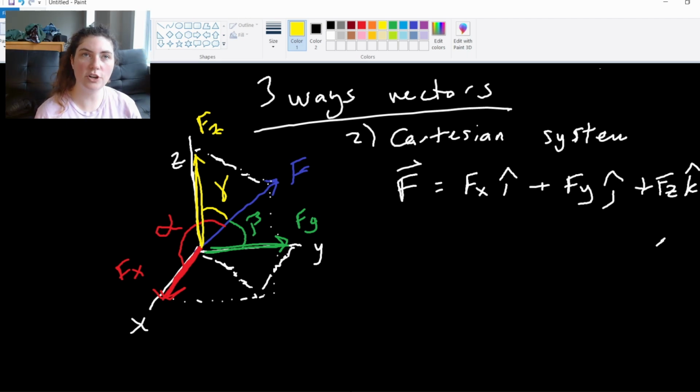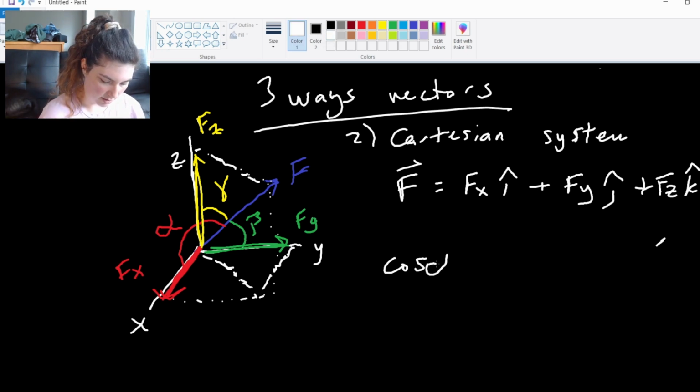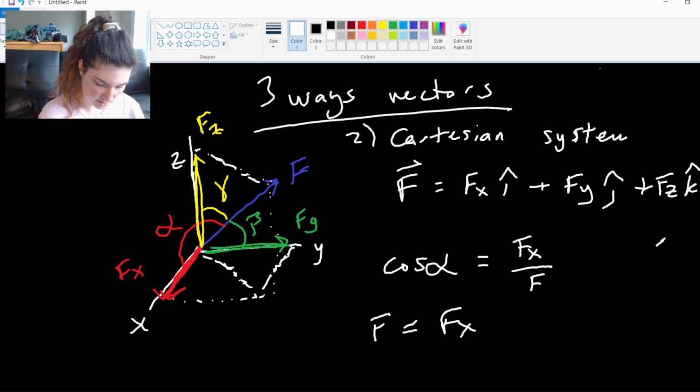So we can convert each of these so that if we're given F and these angles alpha, beta, and gamma, we can convert them. So cosine of alpha equals F of x over F, which of course you could rewrite as F x equals F cosine alpha if you wanted to.